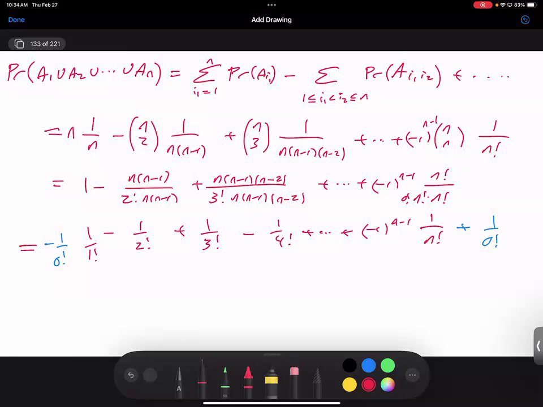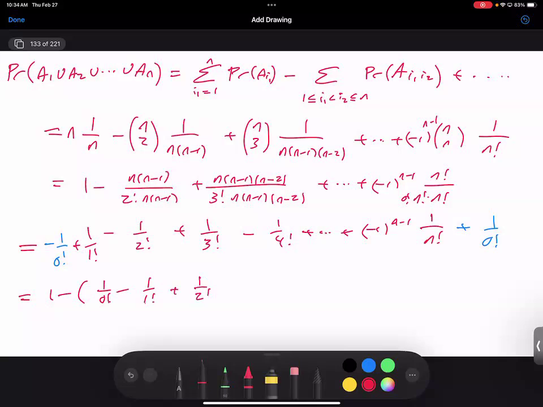So this is the same as 1 minus, then I can pull out the minus sign. And it's 1 over 0 factorial plus 1 over 1 factorial. Sorry. Should be minus 1 over 1 factorial.